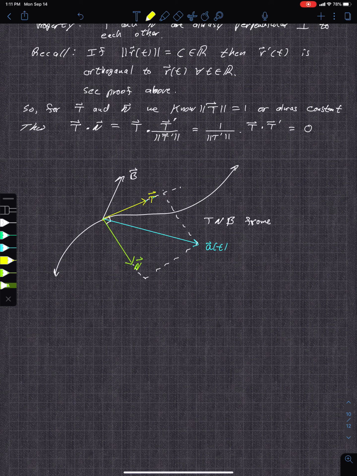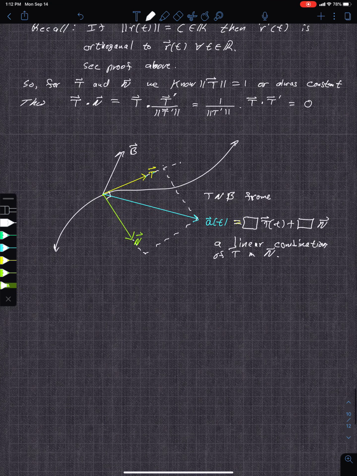It's a scalar that scales n plus a scalar that scales t, and that equals a of t. So a of t is basically something times t plus another thing times n. We call that a linear combination of t and n.